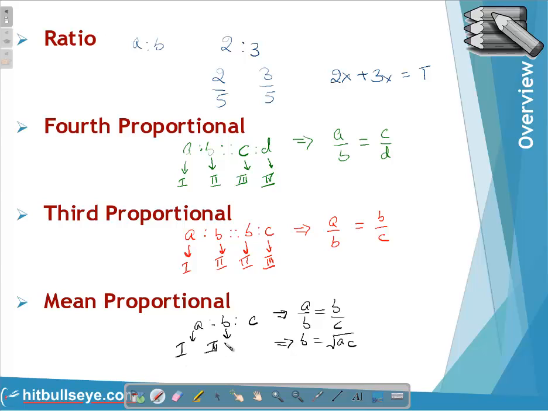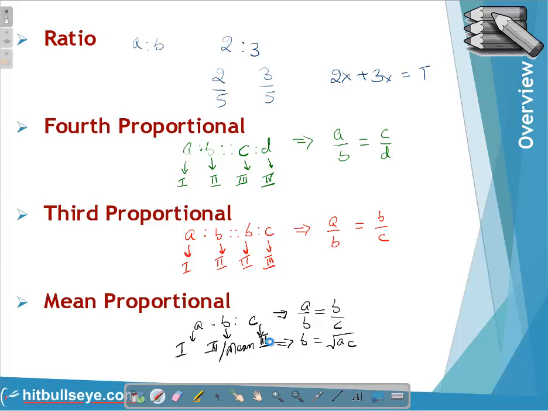Here A is known as the first, B as the second or the mean proportion, and C as the third proportion. I hope the definitions are very clear to you.